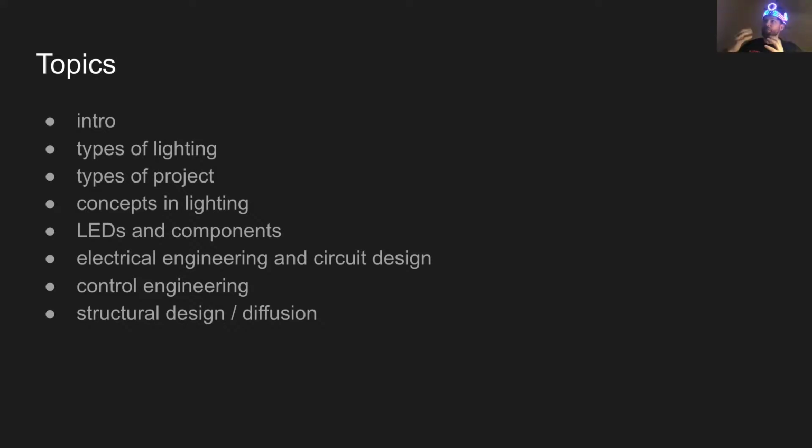And then finally, we'll talk about some of the auxiliary components that are required for an LED project, such as the substructure. So what are the LEDs on? Are they on a leather strap with some feathers attached to it? Or are they on a bog standard truss that you would find on a stage anywhere in the world? Or are they on something completely custom built?